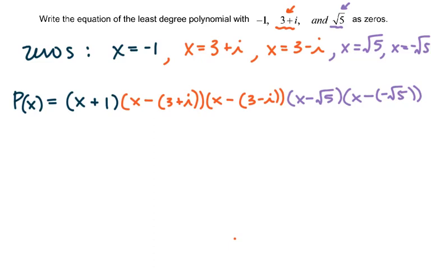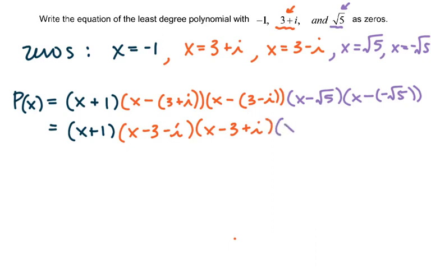And before I do that, I'm going to simplify out some of these double negatives or distribute. So I have x plus 1, x minus 3 minus i, and x minus 3 plus i, x minus the square root of 5, and x plus the square root of 5.